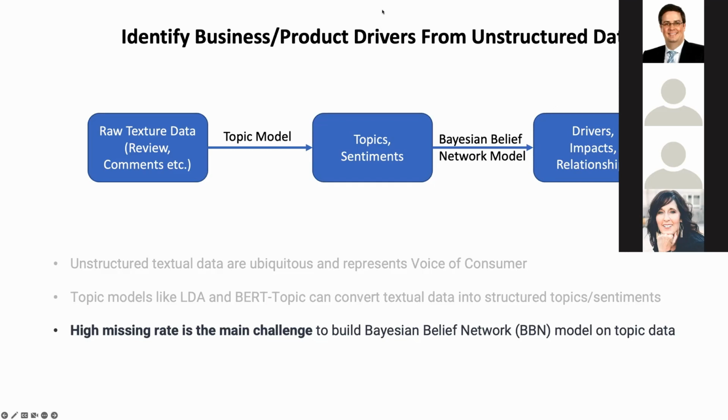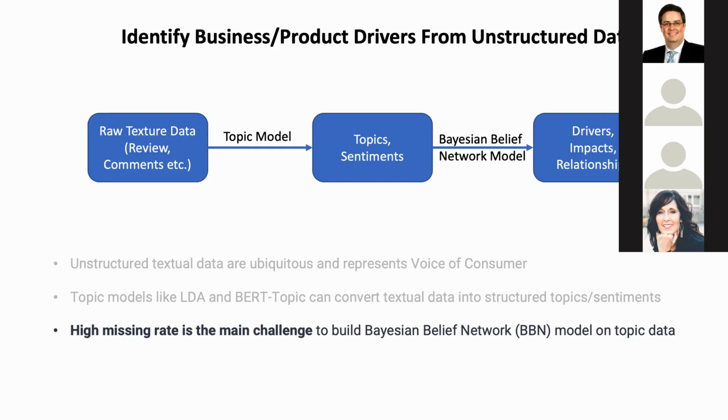So that's why we try to build a Bayesian belief network model on top of these topics and sentiments, so that, number one, we know the relationships among these topics. And we also wanted to know which topics drive, let's say, star rating or purchase propensity. So that's the general idea.